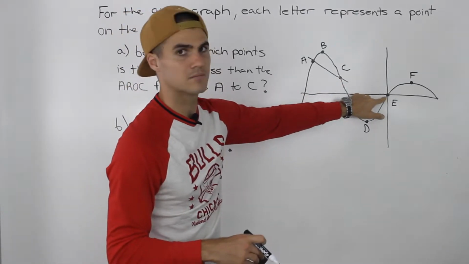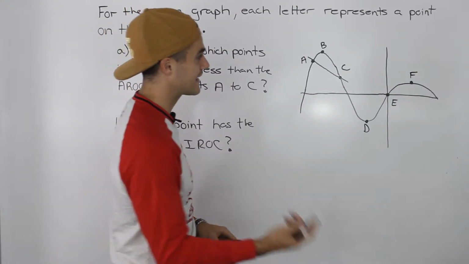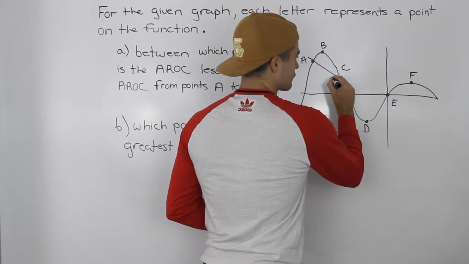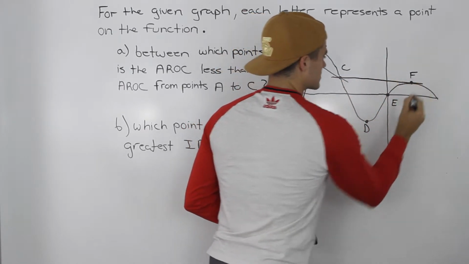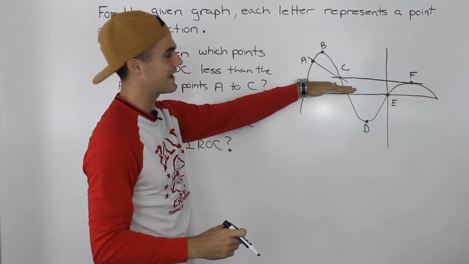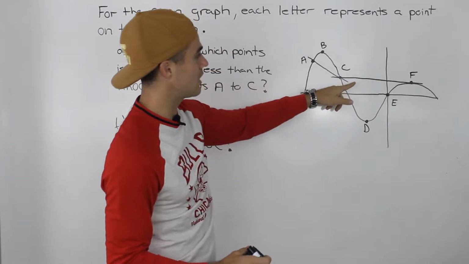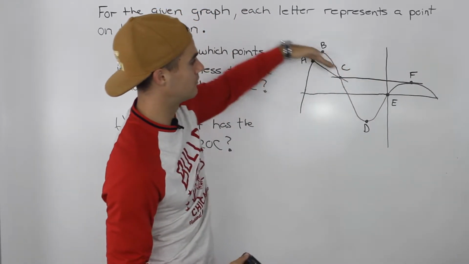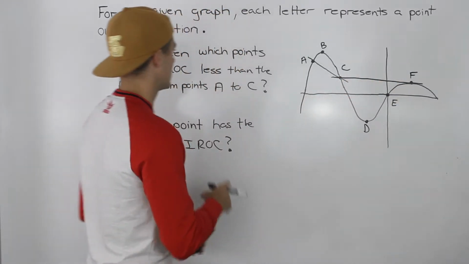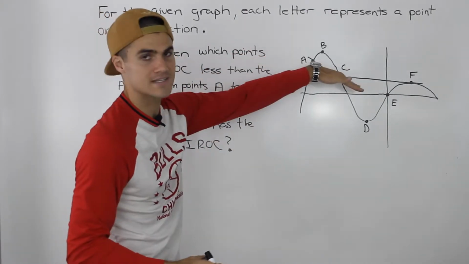C to E may work, but it's not super obvious. However, one that is obvious is C to F, right? C to F, if we draw a secant, it's almost like a horizontal line, perhaps maybe slightly negatively sloped. But notice how this slope is a lot less steep than this slope. So it's obvious that from point C to F, the average rate of change is going to be less than the average rate of change from A to C, right?